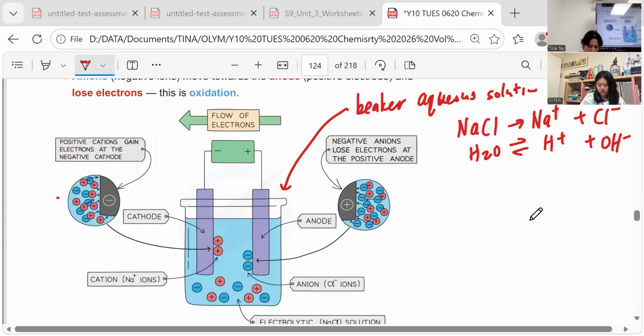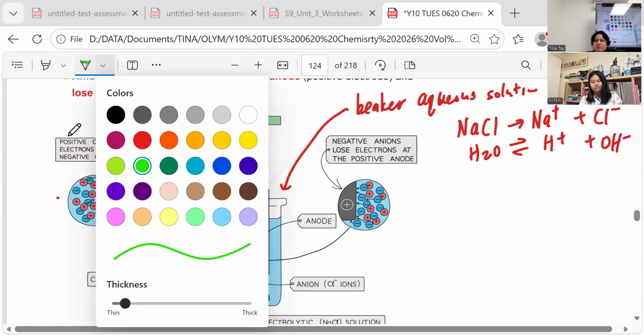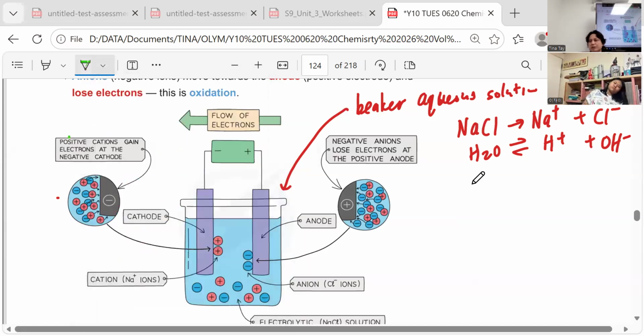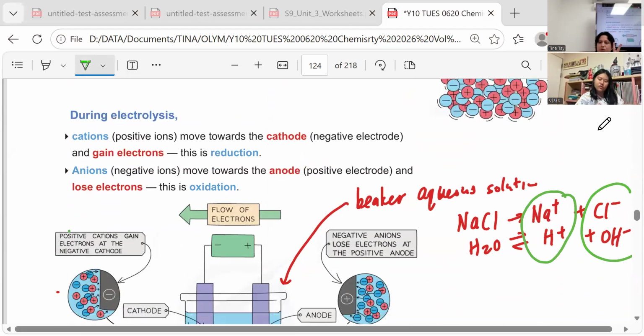Okay, so what I want to ask you is, in the aqueous solution of sodium chloride, how many anions and how many cations do you see? Aqueous solution of sodium chloride, there's sodium chloride and water. How many cations are there? Two. How many anions are there? Two.